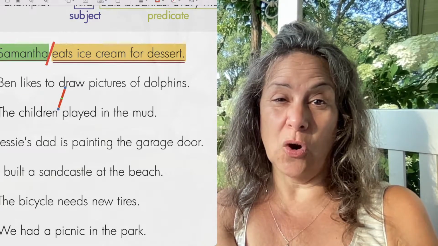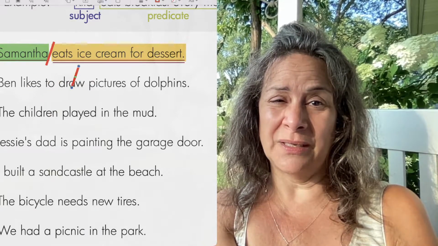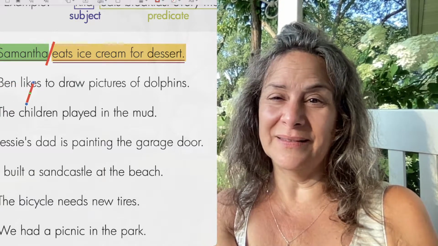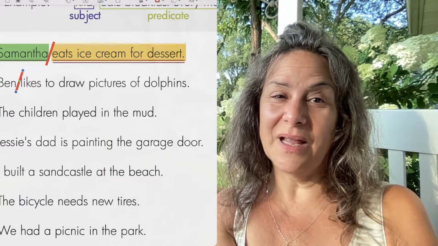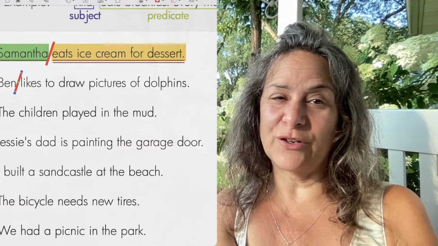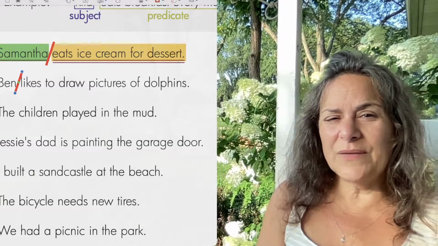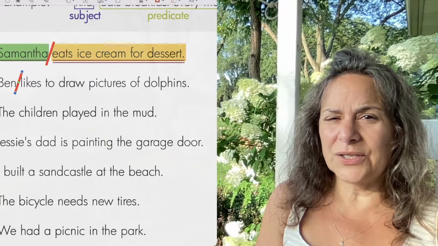I see draw. Draw is an action, but it's not what Ben's doing. Ben's liking. So likes is the action verb there. Ben likes. So there we've got a line between the two.